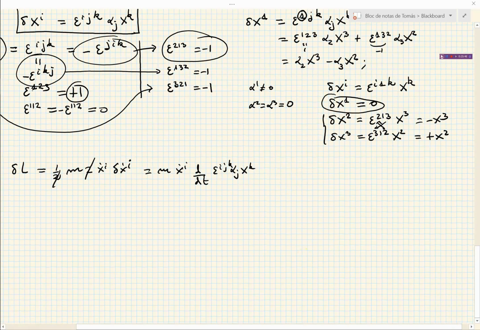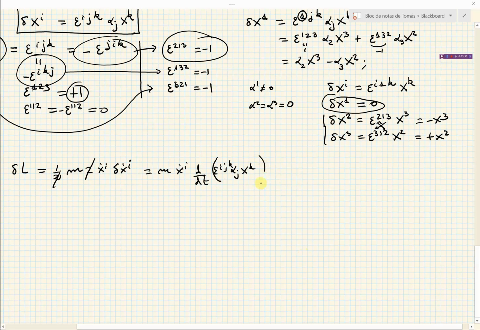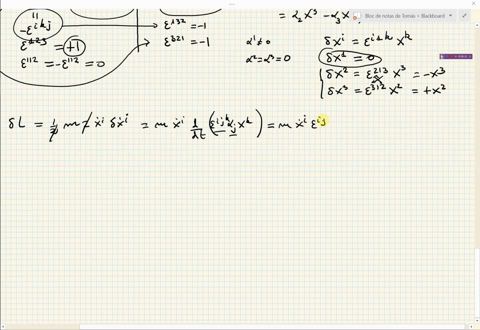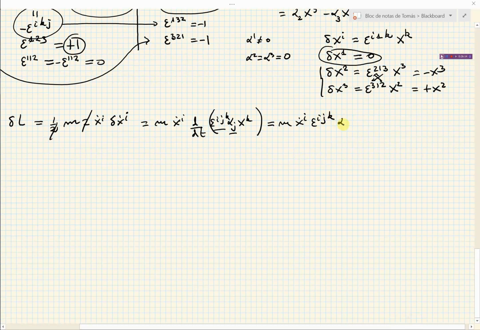Okay, so delete this to avoid confusions. Now this is constant and this is constant. They are independent of t, so they can come out of the derivatives. You get m x dot I epsilon I j k alpha j, and then the derivative of xk, so x dot k.